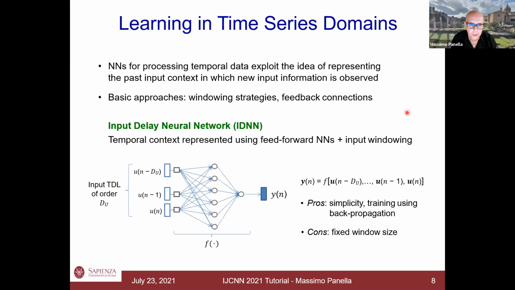First approaches were based on time delayed networks. This is pretty equivalent to an embedding, because we have embedding at input. This is a consecutive embedding, just like in the case of a linear predictor.